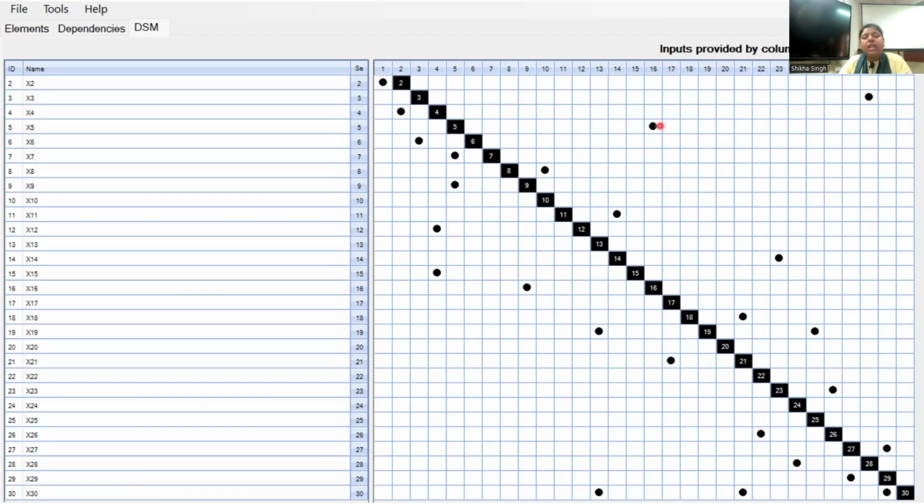So you may utilize those expressions to give the input to the software, to process the input and perform the optimal sequences or optimal iterations in order to minimize the rework. Right? So let us see how the next step would be.